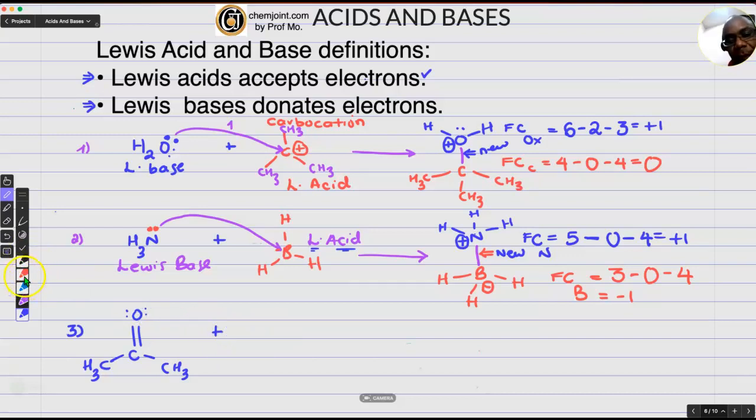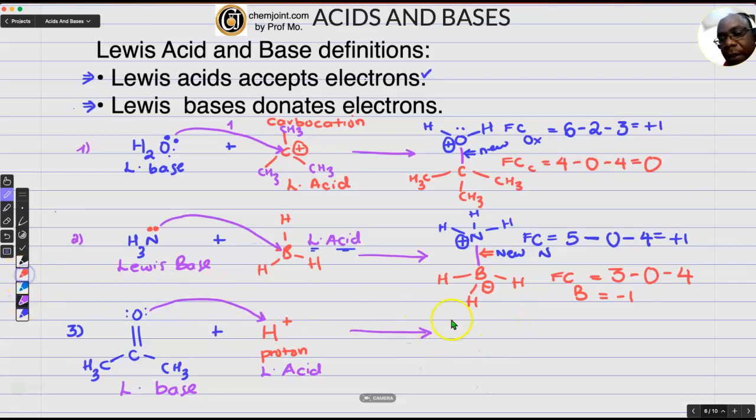And then this time I'm going to show a positively charged hydrogen. We call that a proton. Of course, if it's positively charged, it implies that there are no electrons on there. So I can push my arrow suggesting that this lone pair will be donated to the hydrogen. So this will play the role of a Lewis base because it's donating the electrons. This will play the role of a Lewis acid because it's accepting the lone pair of electrons.